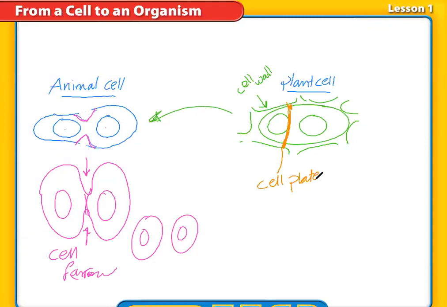So in this case, extensions of the cell wall, pieces of cellulose, will be formed inside the cytoplasm until they completely separate the cell into two new cells, and we call this extension the cell plate. So the only difference between plant cell and animal cell during cytokinesis is that the plant cell forms a cell plate while the animal cell does not, because the animal cell lacks a cell wall. You get this, guys?